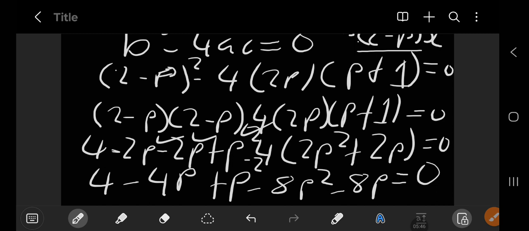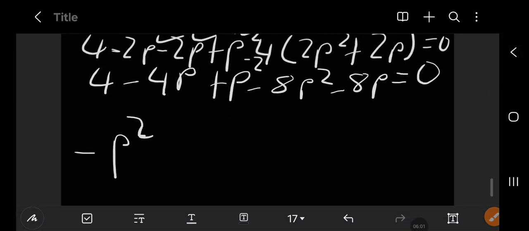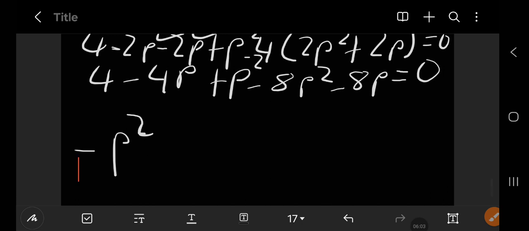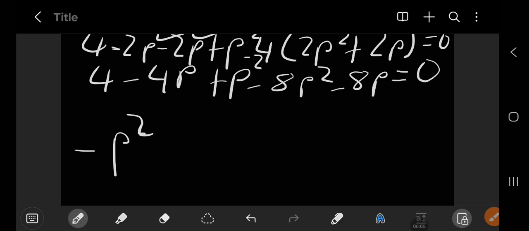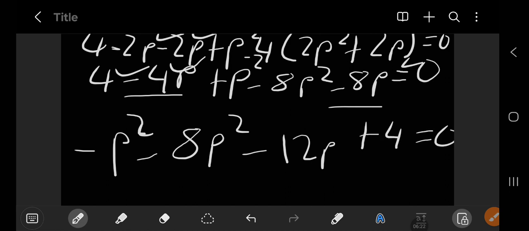Then let's rearrange this and make it into standard form. So this becomes negative p squared minus 8p squared, and then minus 4p minus 8p is going to be minus 12p, and then plus 4, which equals 0.